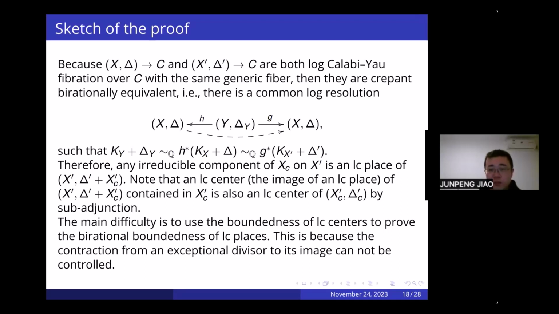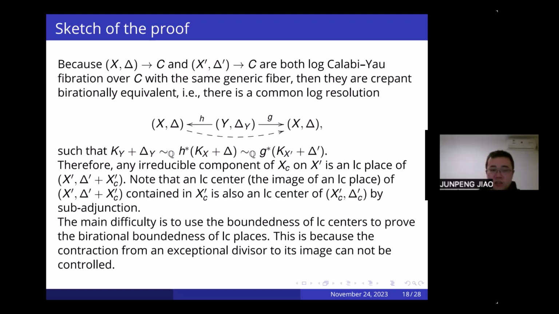Crepant birationally equivalent means there is a common log resolution Y to X and to, sorry, there is a typo. It should be X prime, such that K_Y plus delta_Y is equal to the pullback of K_X plus delta, and also equal to the pullback of K_X' plus delta'. So therefore, any irreducible component of X_C on X prime is an LC place of X prime, delta prime plus X_C prime.